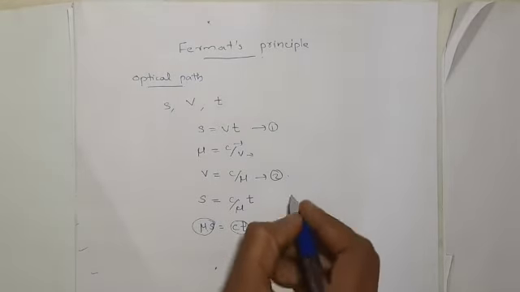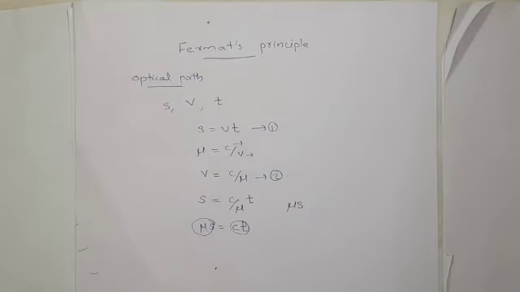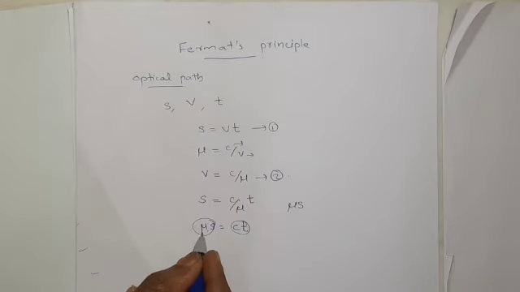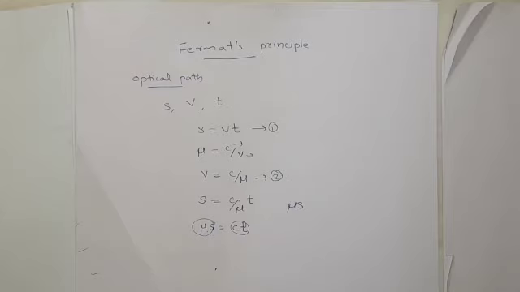This product mu S is called optical path. That is, optical path is defined as the product of the geometrical distance and the refractive index of that medium. S is the geometrical distance, mu is the refractive index of that medium. The product of mu and S is called optical path.